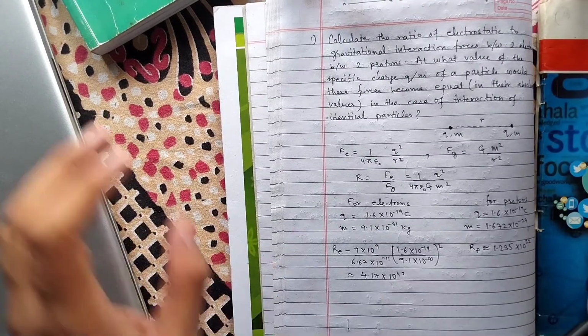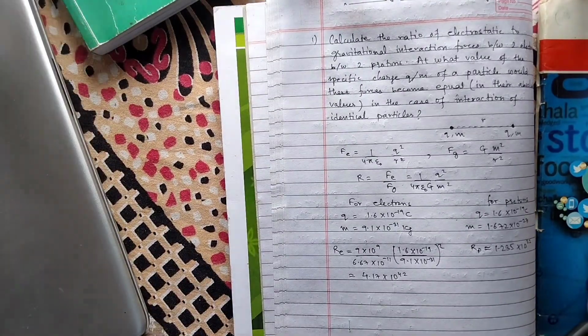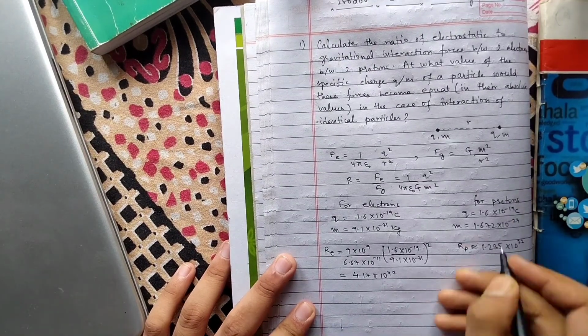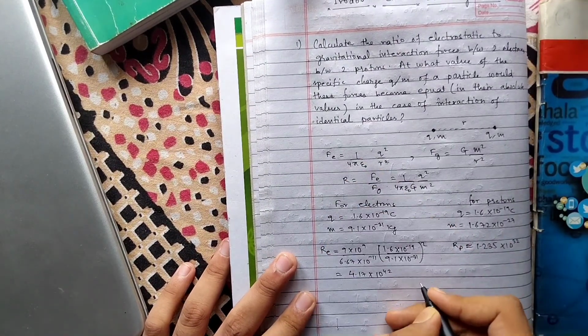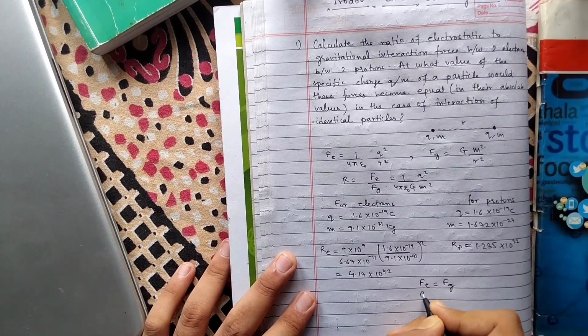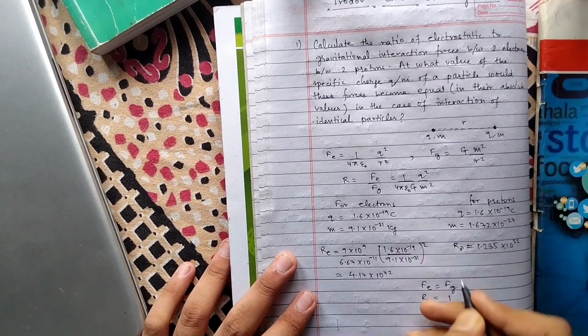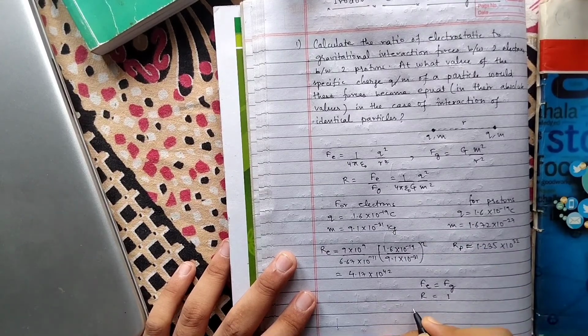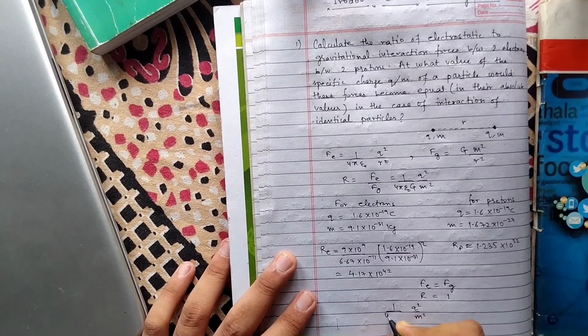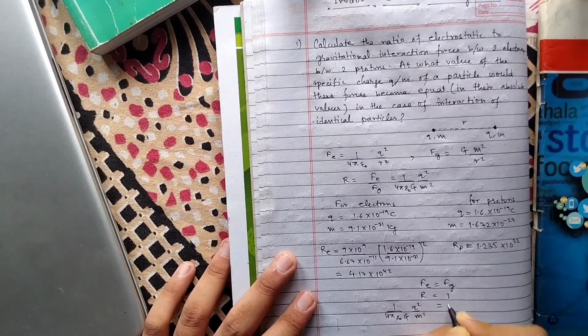Now let's move to the second part of the problem. It says that the forces have become equal now. That is, Fe has become equal to Fg, or we can say R has become equal to 1. So we would have q square over m square times 1 by 4 pi epsilon naught G equal to 1.